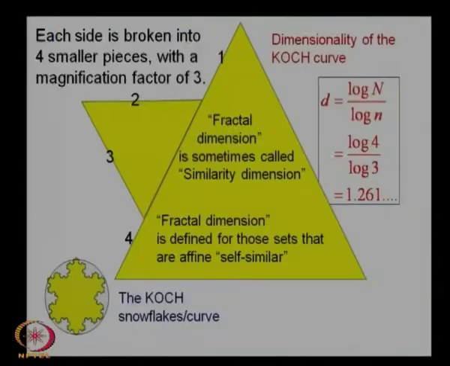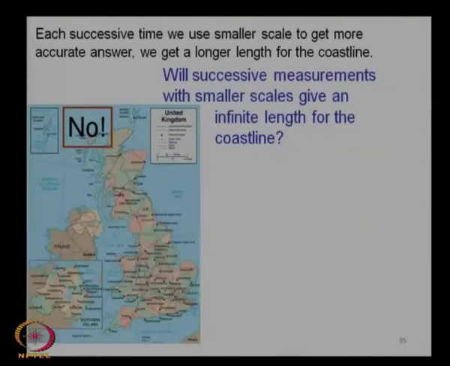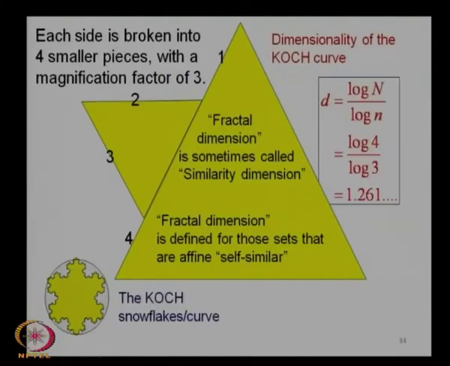So, if you go to this relation, this one, log capital N by log small n will always be either equal to small n or larger than that. It cannot be smaller than that, right?